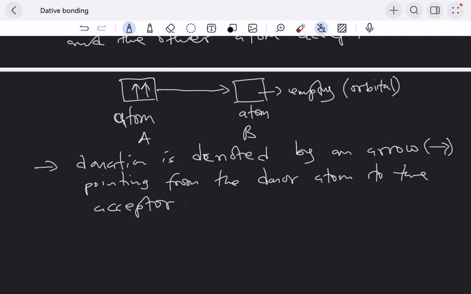So in this case, looking at the example on top, we're going to represent this dative bonding like this. So the arrow shows that both electrons came from A and then they were transferred to B.